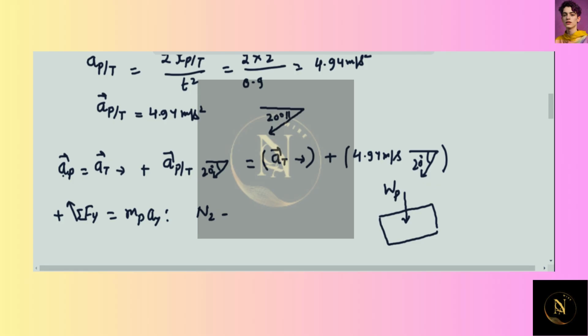Weight of ply, this is N2, this is F2. This is acceleration of ply with respect to truck, and this will be the direction of mass of ply into acceleration of truck.